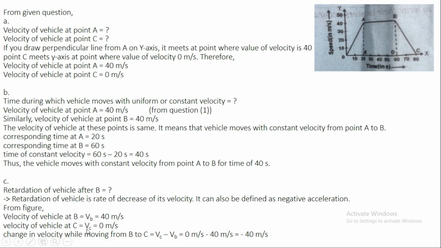If you find the change in velocity while moving from B to C, it is 0 meters per second minus 40 meters per second, which gives minus 40 meters per second. While finding the change in any value, you have to consider the final value first and then the initial value, because the vehicle moves from B to C.